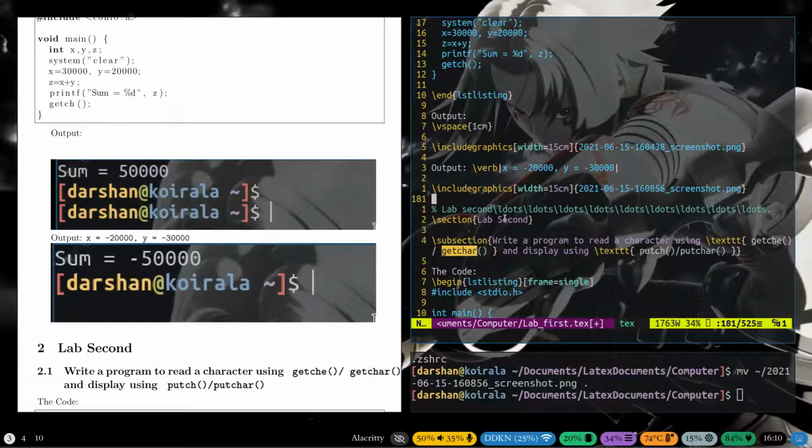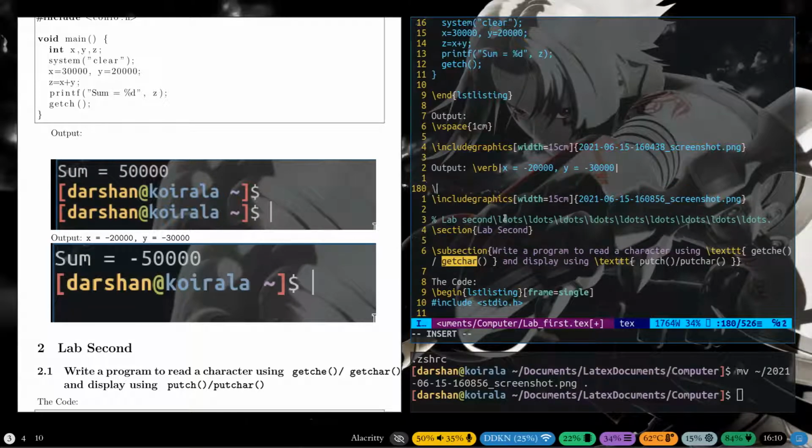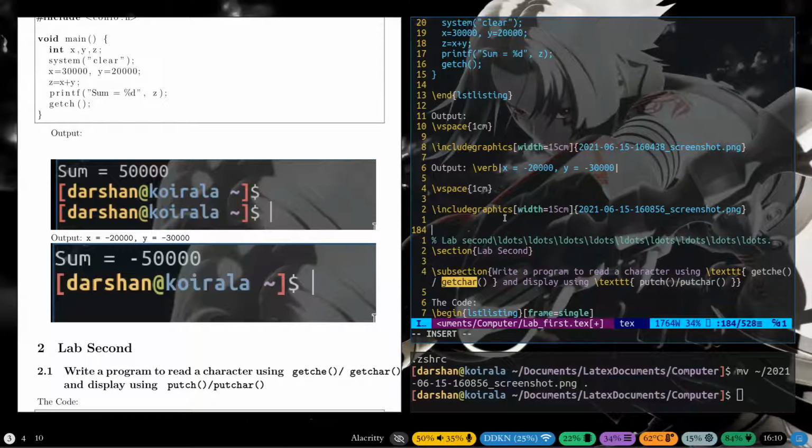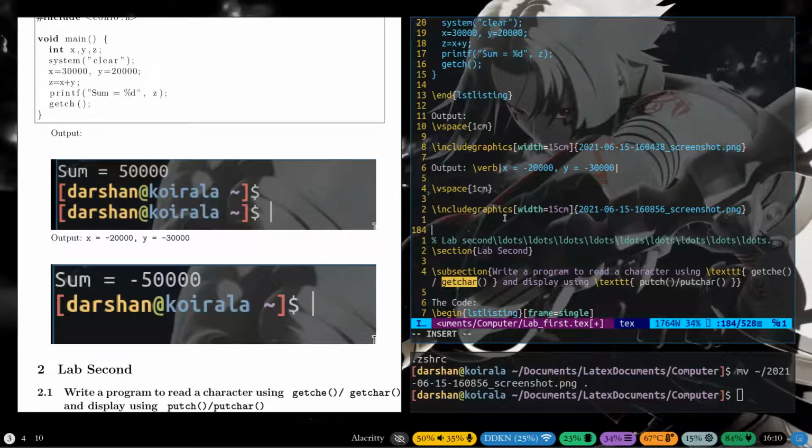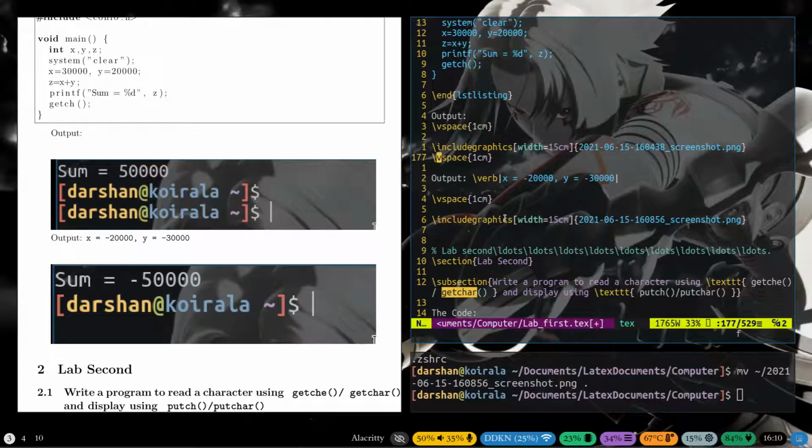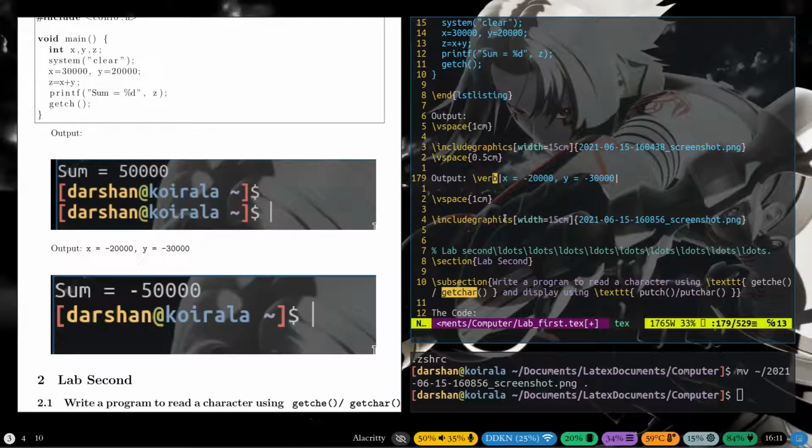That's great. Yeah, but I want them in this space. Okay. Oh, same thing here. But I think 0.5 centimeters will be okay. Output. Alright.